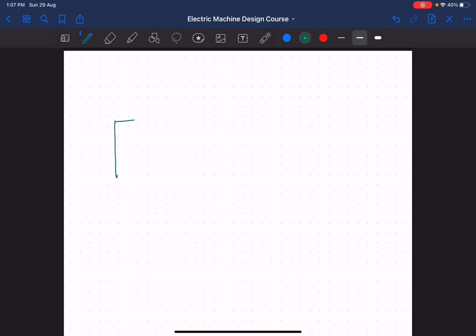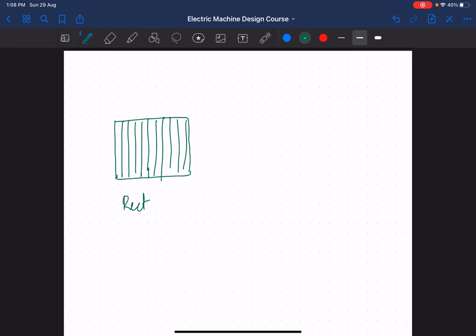You have the rectangular section. This is the cruciform section.